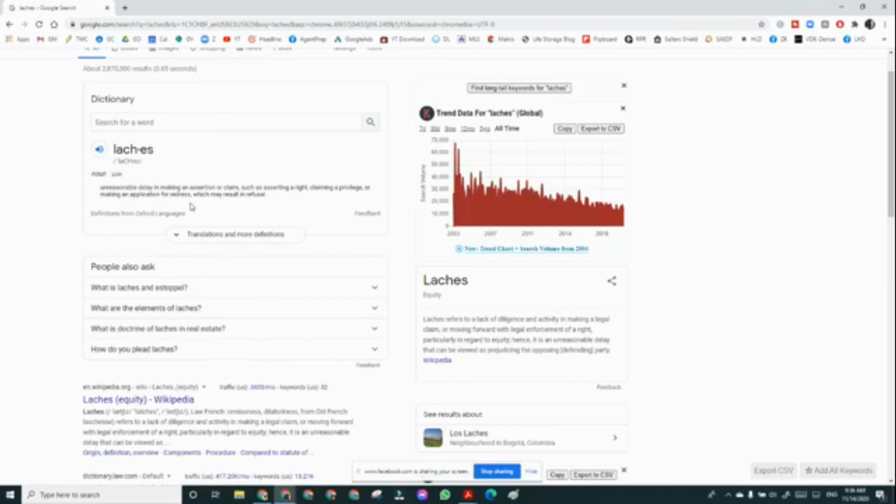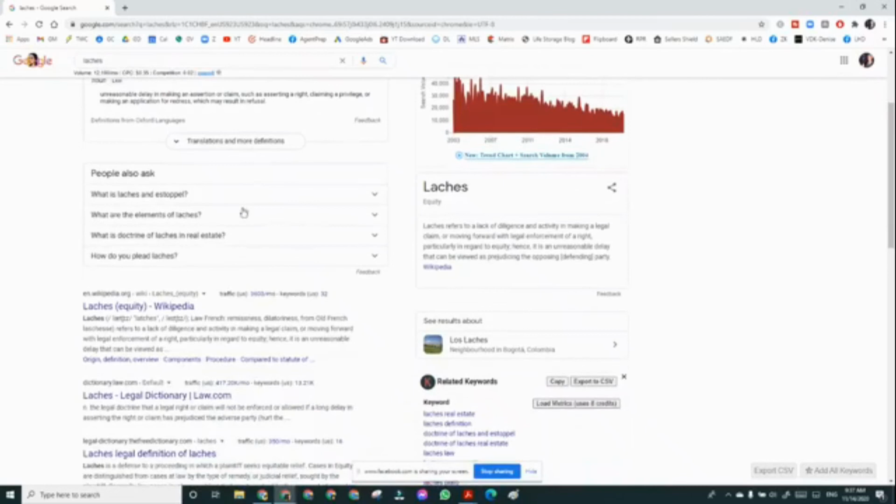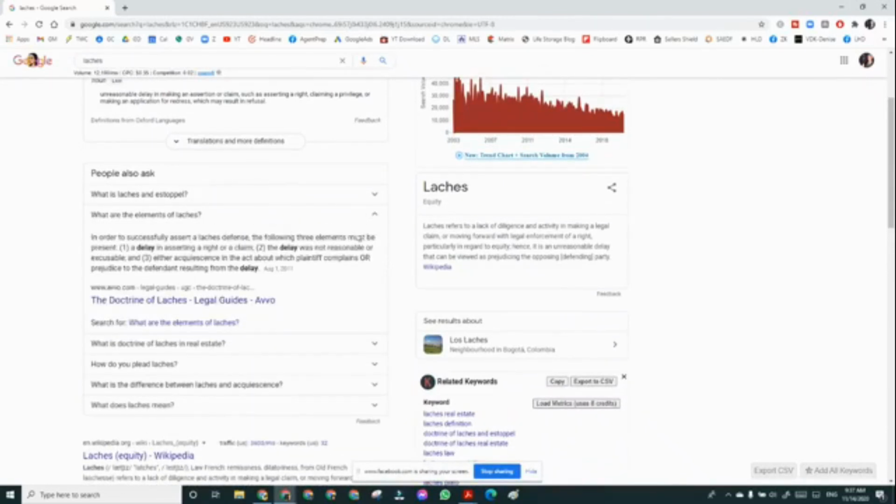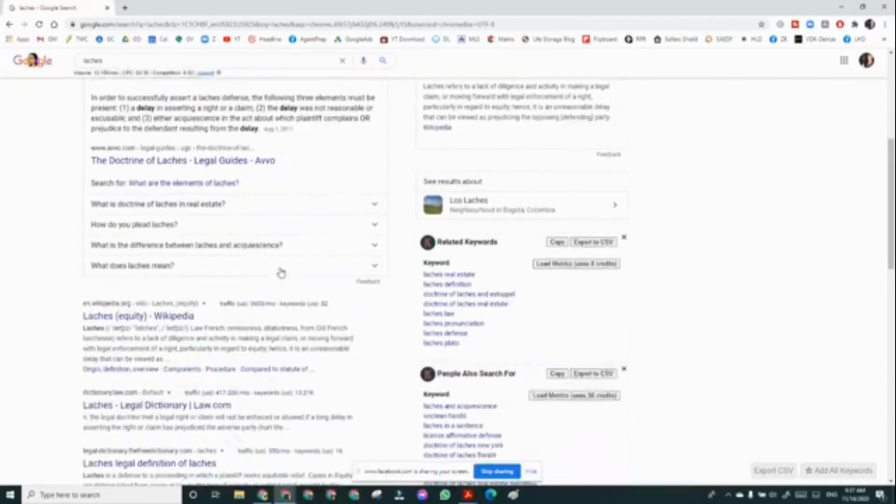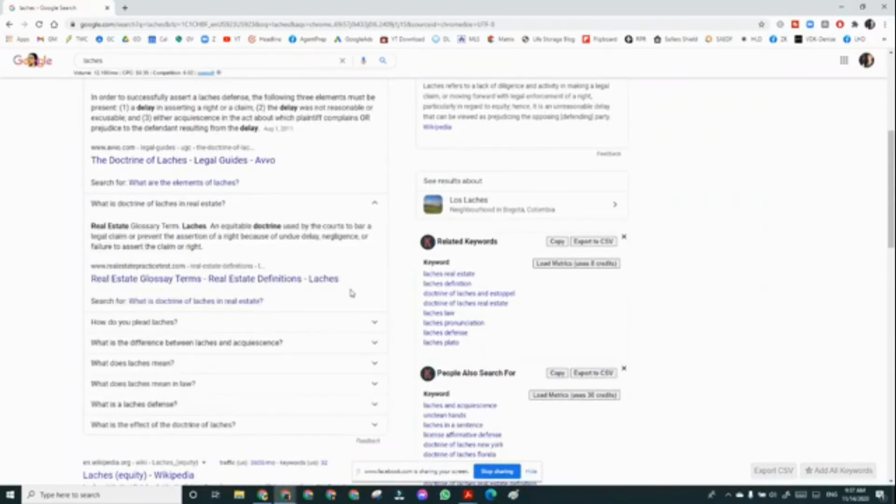Latches: an unreasonable delay in making an assertion or claim, such as asserting a right, claiming a privilege, or making an application for redress, which may result in refusal. And it'll give you other explanations. What are the elements of latches? And what is the doctrine of latches in real estate?